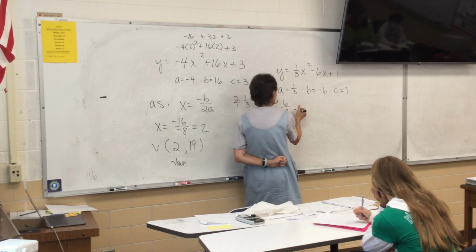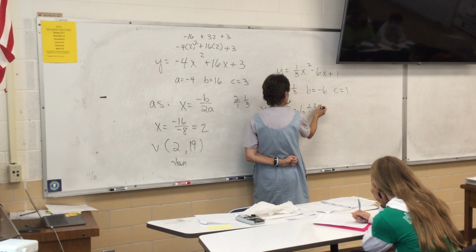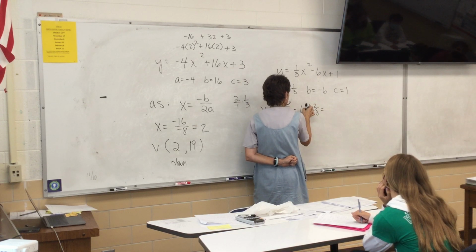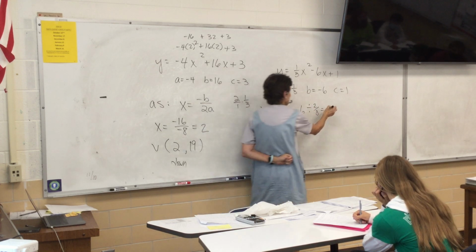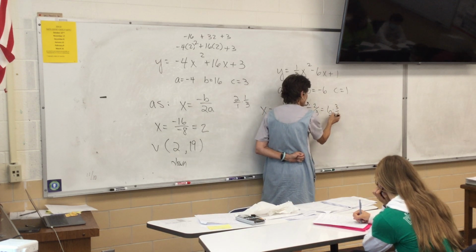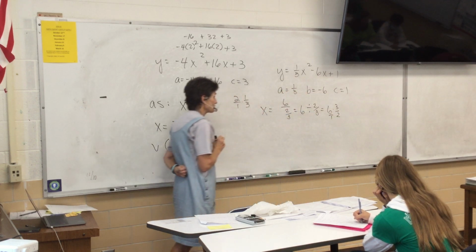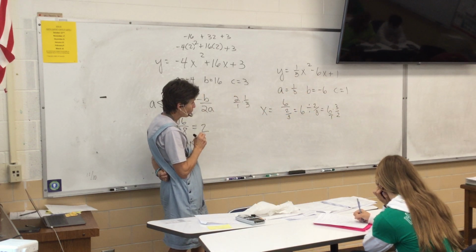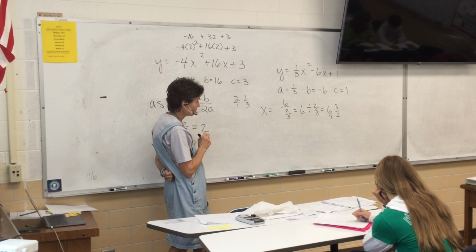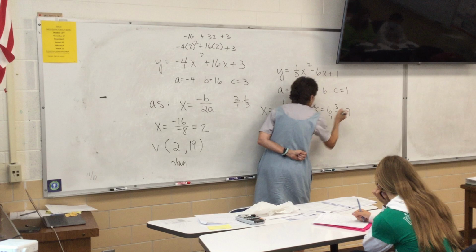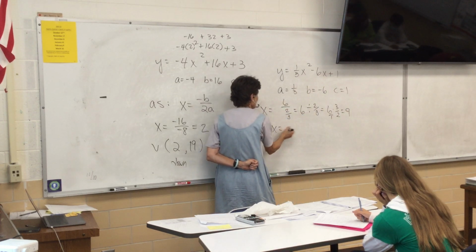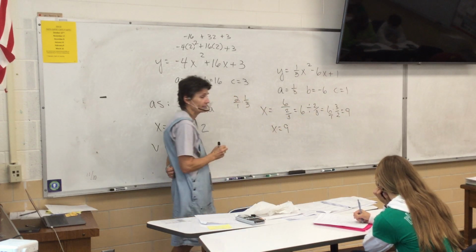Now, 6 divided by 2/3 is the same as what? 6 times 3/2. So what's 6 over 1 times 3 over 2? 9. So my axis of symmetry is x equals 9.